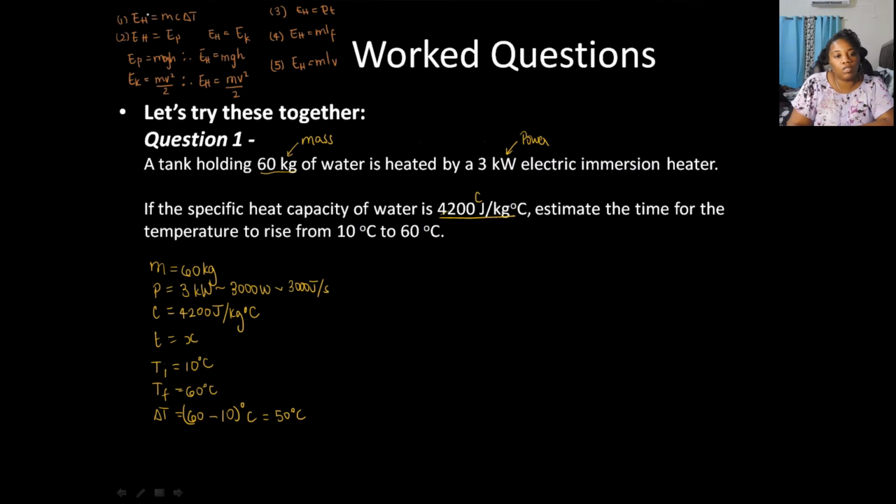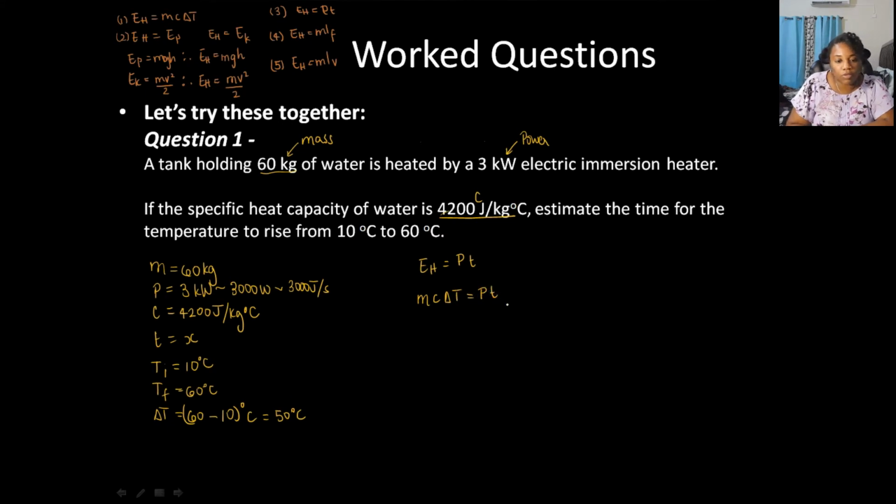So looking at these equations, which one would you use? Which one has P in it? Correct, equation 5. So we're using EH equal to PT. And that will give us, if EH is equal to MCΔT, we could say MCΔT is equal to PT, right?